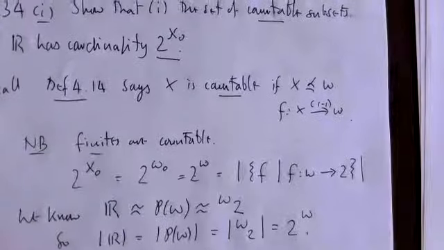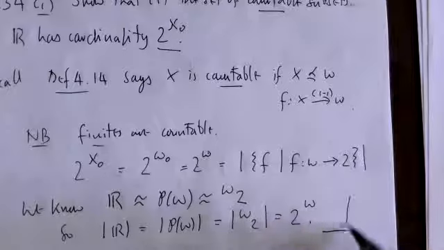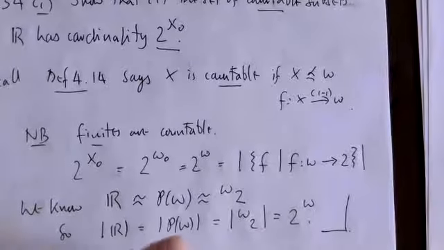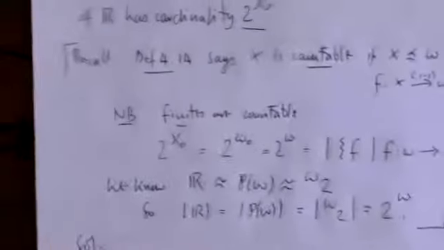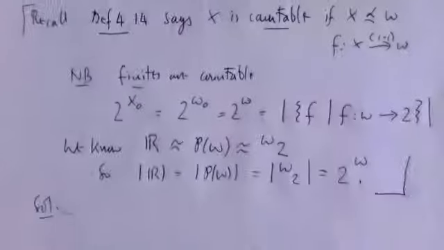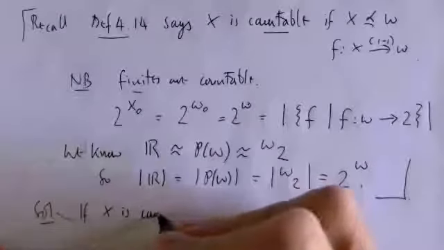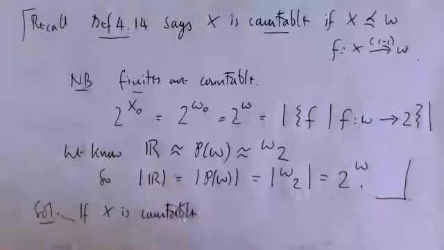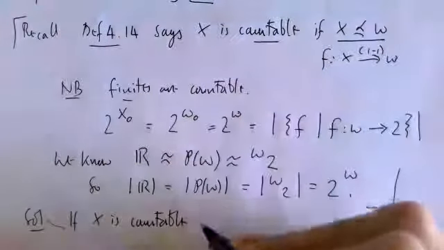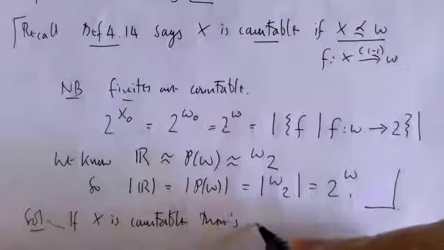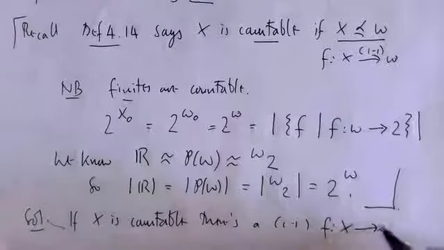So notice, solution here: if X is countable, there's a 1-to-1 F going from X into omega.